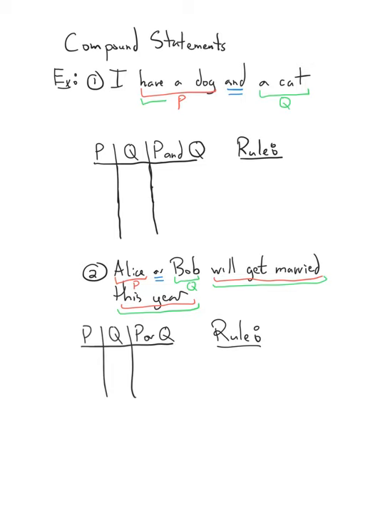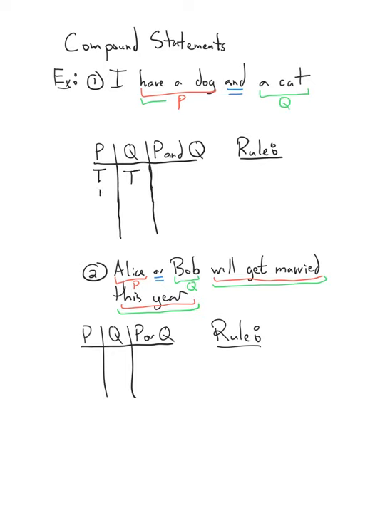Now, you don't know if I have a dog or a cat or both or neither. So let's see what happens in every possibility. And let's see if the compound statement, I have a dog and I have a cat, when that is true. So let's work out all possible truth values for both P and Q. So, well, maybe it's true that I do have a dog and I do have a cat.